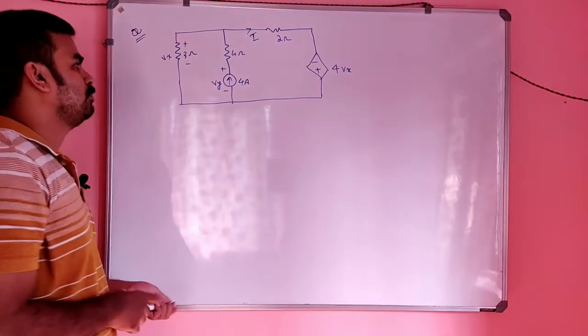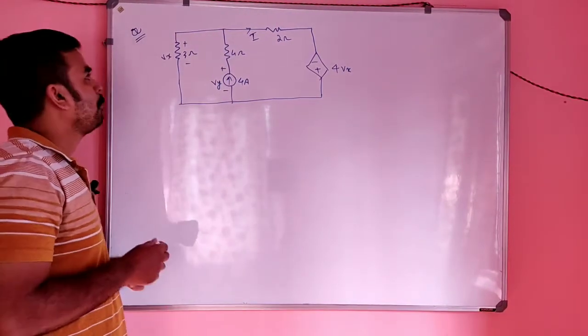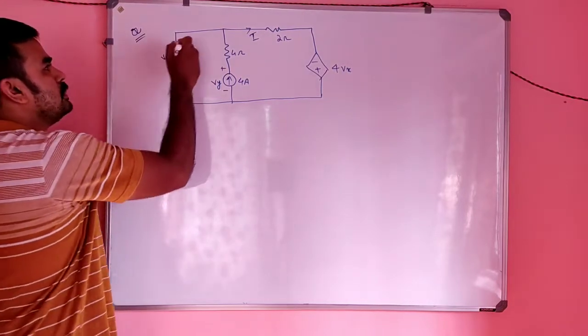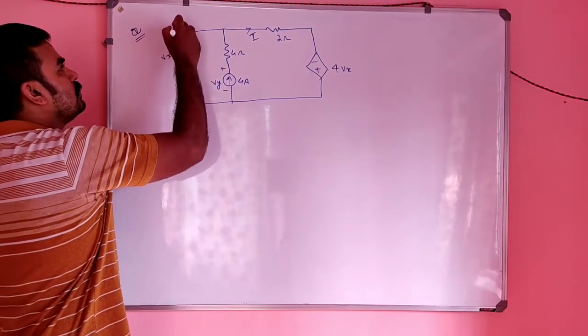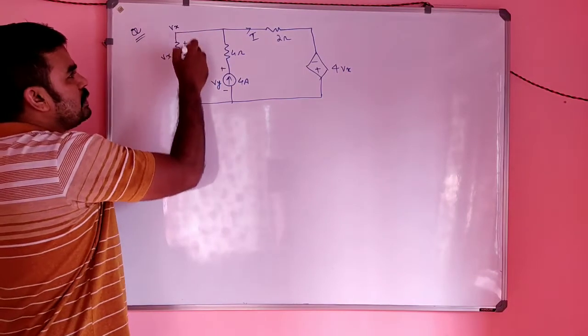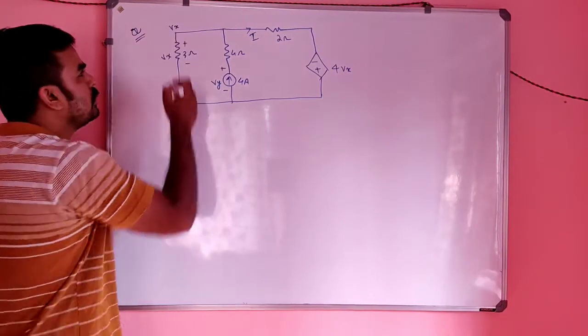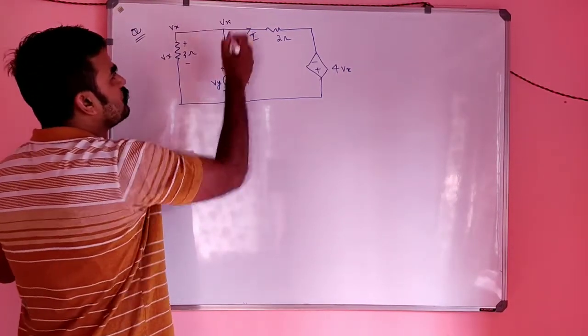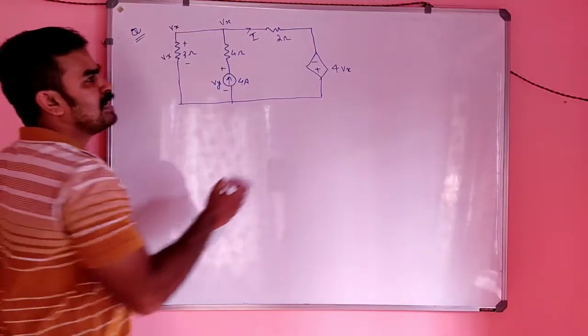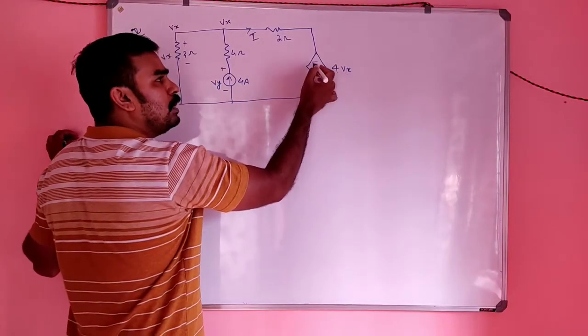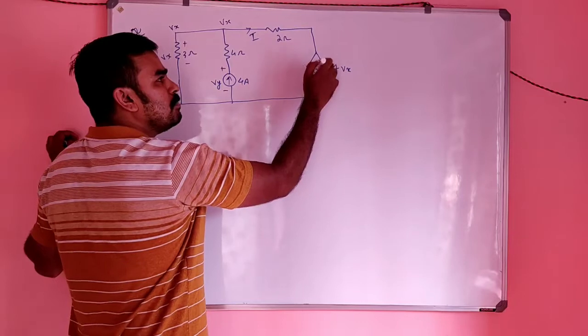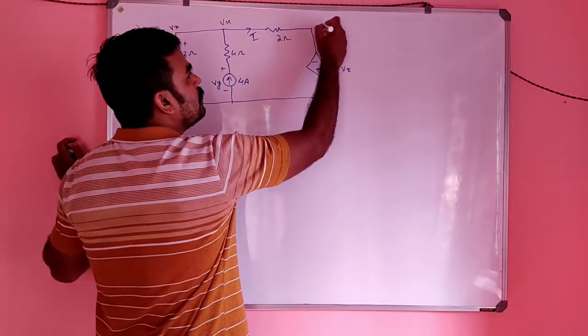How can we solve this? See, this point is nothing but Vx. If this is Vx, then this also is Vx. But look at the polarity here, it is minus plus.